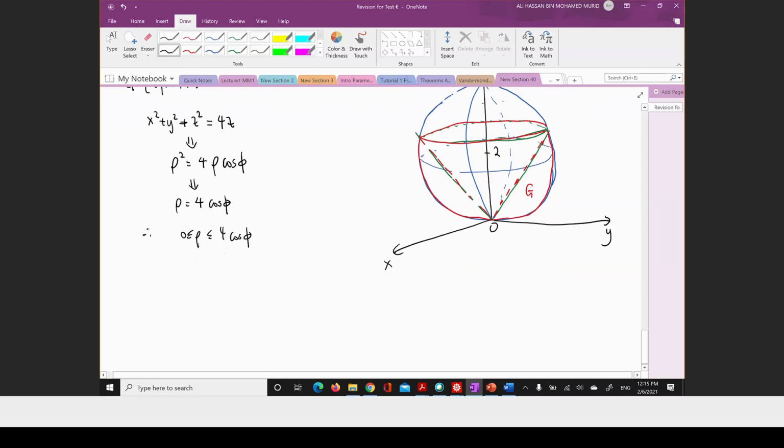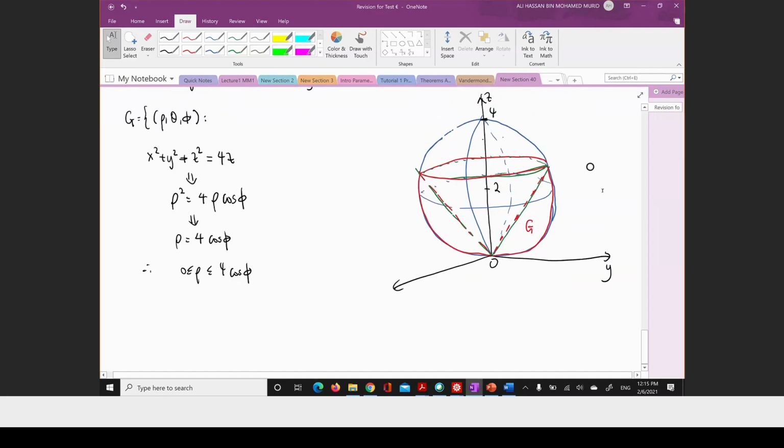What about phi? Phi is from where to where? Remember, phi measures the angle. So phi is from the surface of the cone until the sphere.